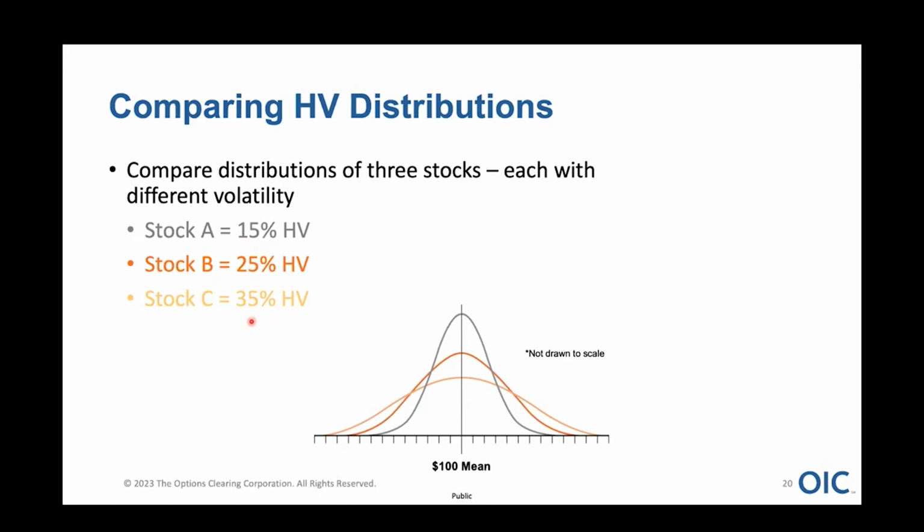Okay, so what do these historical volatilities tell us about the future volatility of these stocks? Well, it really tells you nothing, right? Because historical volatility is a backward-looking metric. It's only talking about the past and showing you how volatile a stock has been in the past. So just because a stock hasn't been volatile in the past doesn't mean it couldn't move in the future.